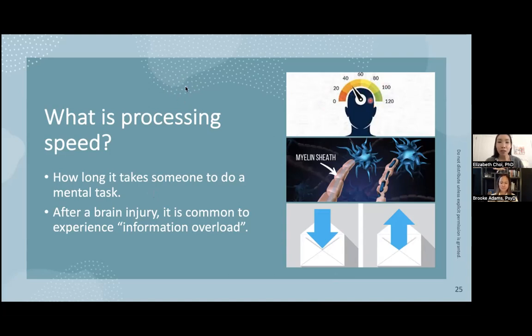From a biological perspective, in the second picture here, our brain neurons are like cables, and they're insulated by fatty tissue called myelin sheath. So the better the insulation, the faster the conduction rate. However, in the context of brain injuries, because there was twisting and shearing of our axons, some myelin sheath may have been damaged.